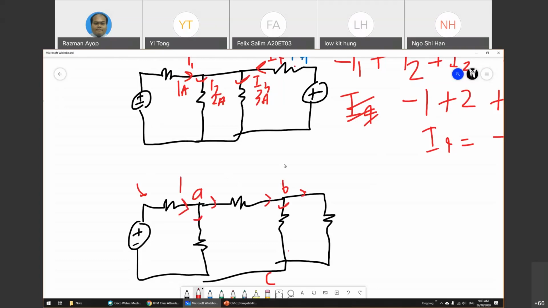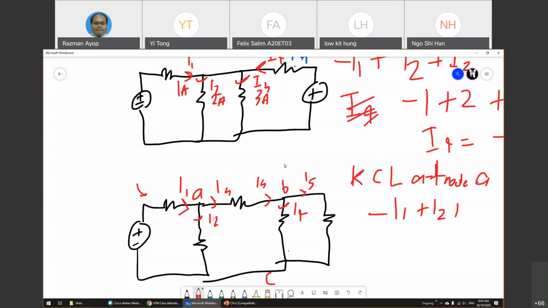So this one is I1, I2, I3. This one is I3, I4, I5. So KCL at node A is basically negative I1 plus I2 plus I3 equals 0.